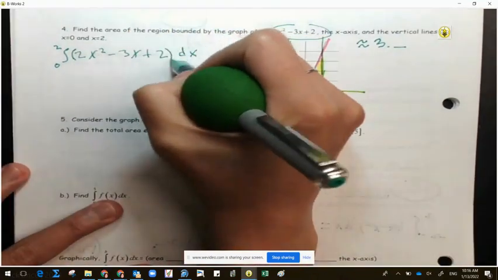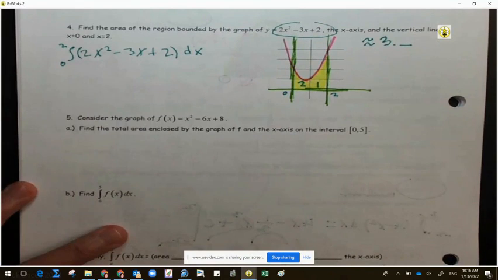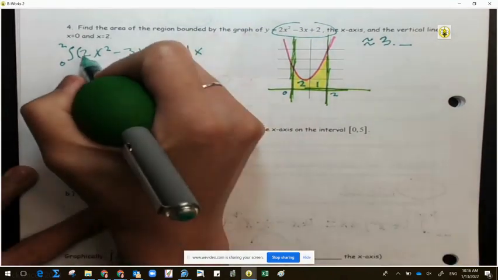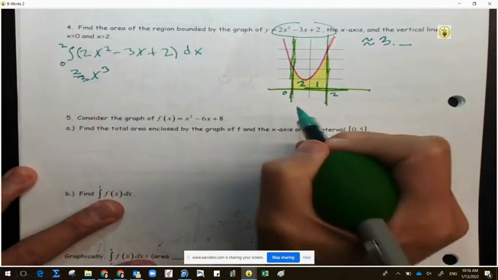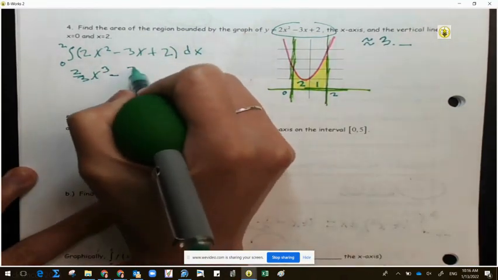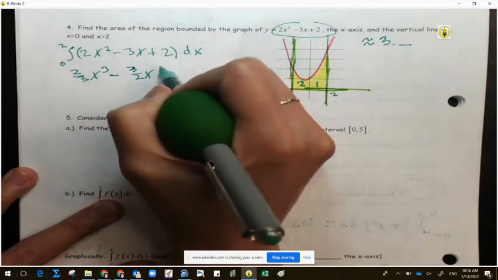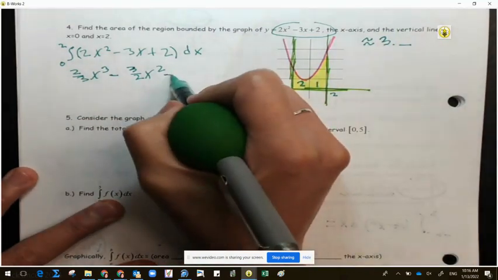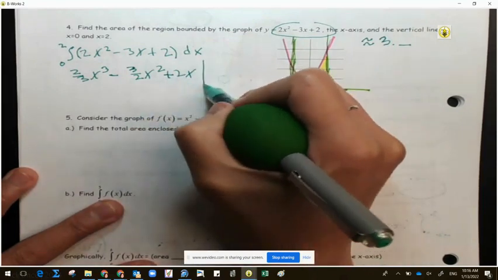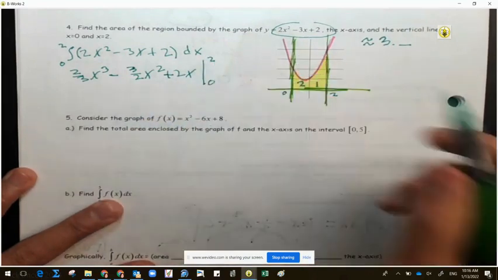Maybe parentheses would be nice. If you forget, that's okay. Let's go ahead and integrate. If I integrate the first one, it is 2/3 x cubed. My second one is negative 3 over 2x squared. And then we have plus 2x. And our bounds are 0 to 2.